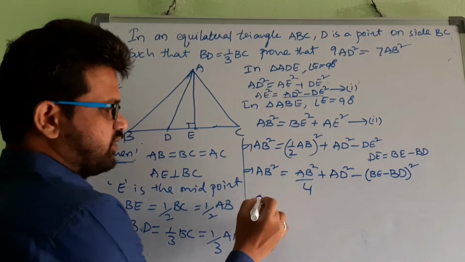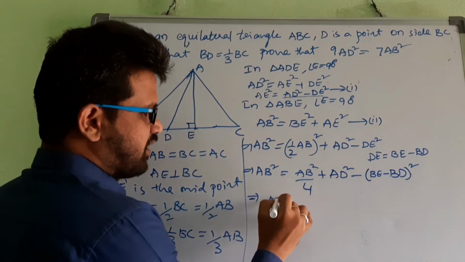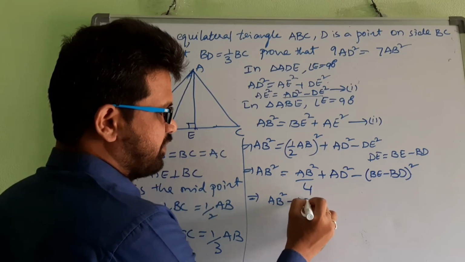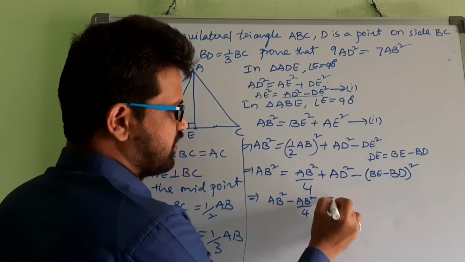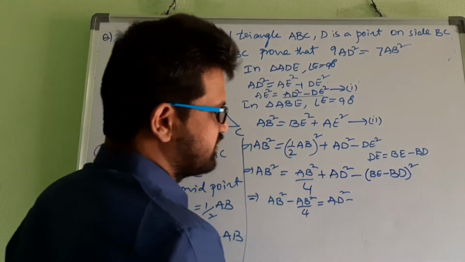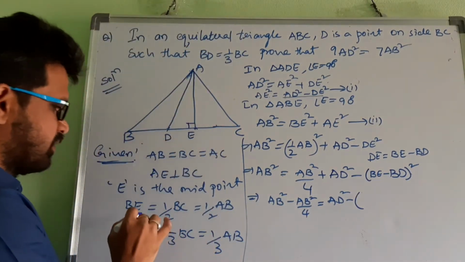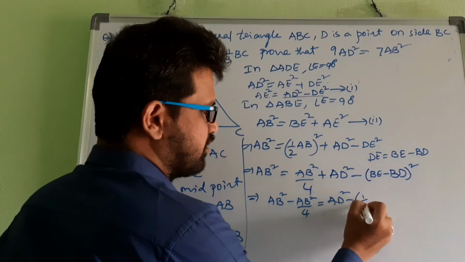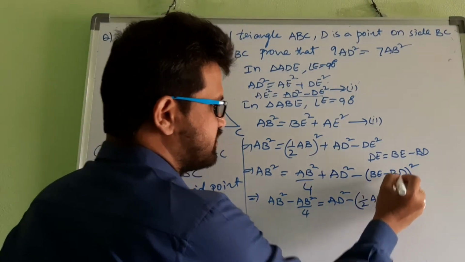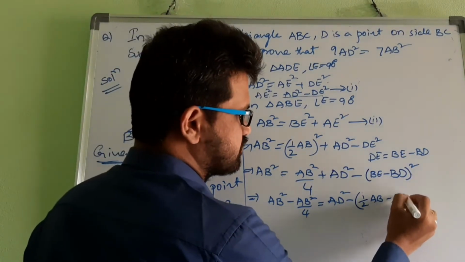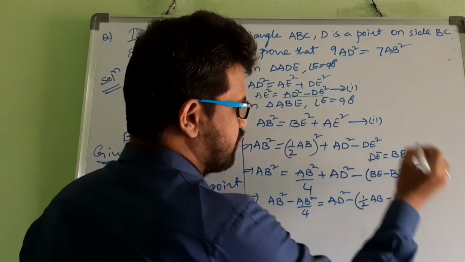Okay, so here AB square is equal to, transposing this here, AB square minus AB square by 4 is equal to AD square minus, BE is 1 by 2 AB minus BD is 1 by 3 AB, whole square.